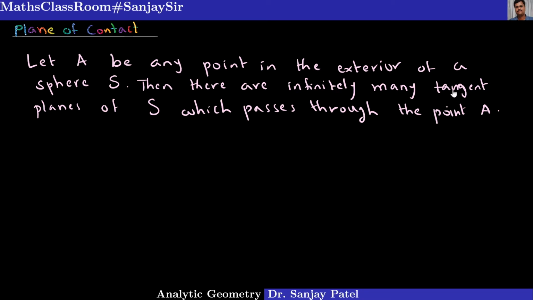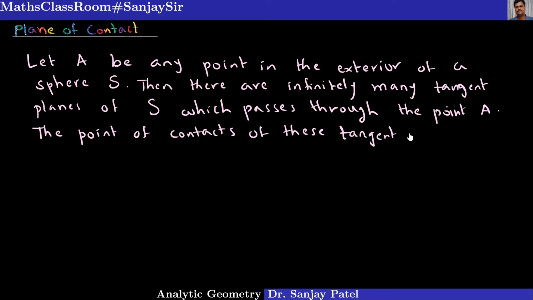A is any point in the exterior of a sphere, and we have infinitely many tangent planes of the sphere S which passes through the point A. Then the point of contact of these tangent planes lie on some plane pi.